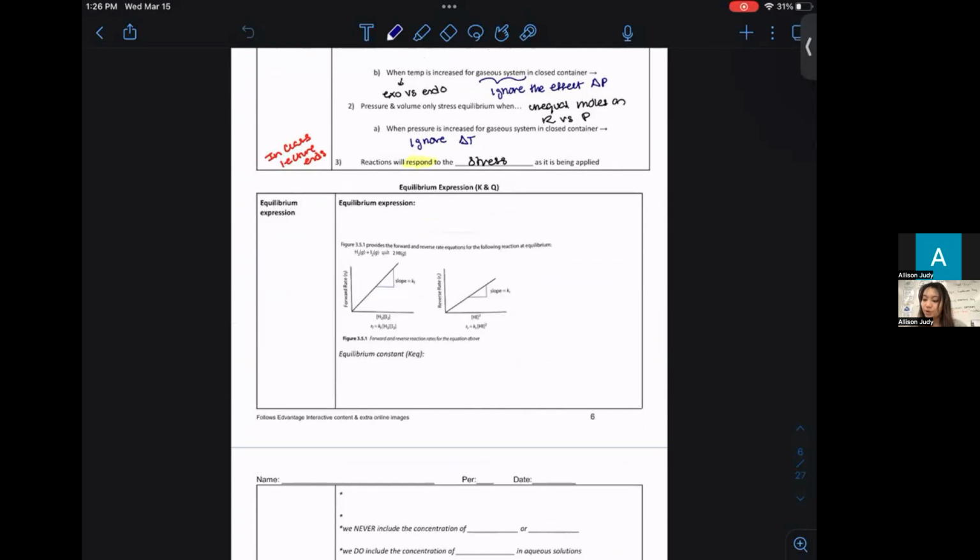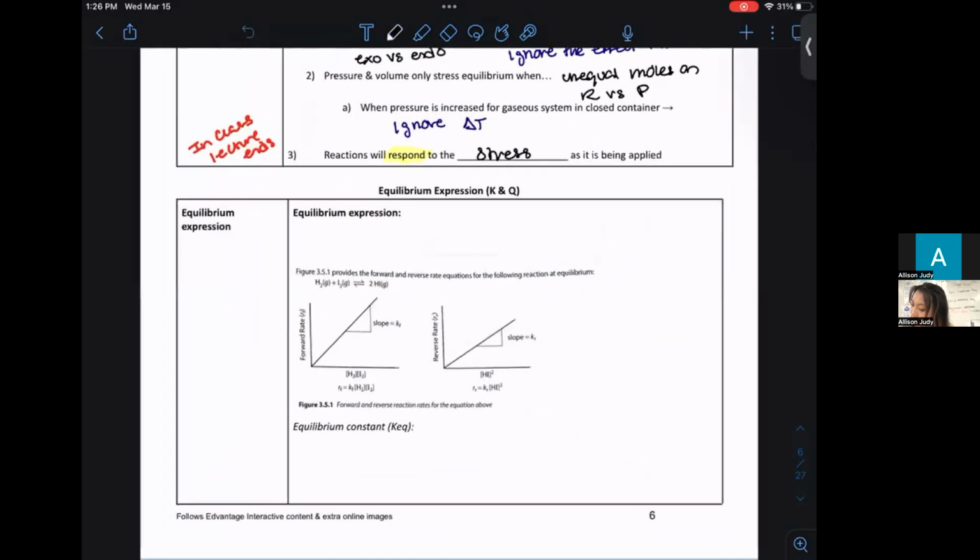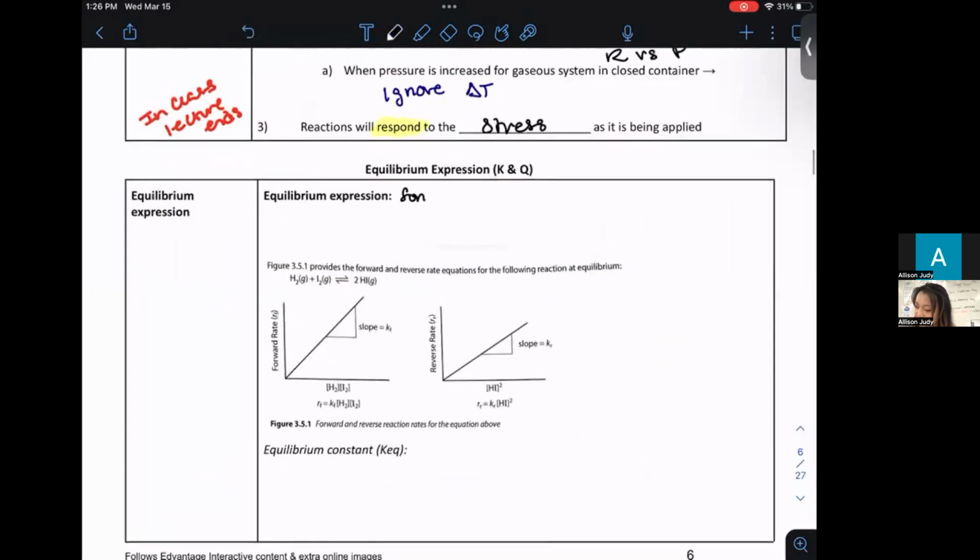So our equilibrium expression is a formula for finding or determining the equilibrium constant, which is a numerical value that represents where equilibrium is found relative to the concentrations of product versus reactant. Capital K, this is capital K.